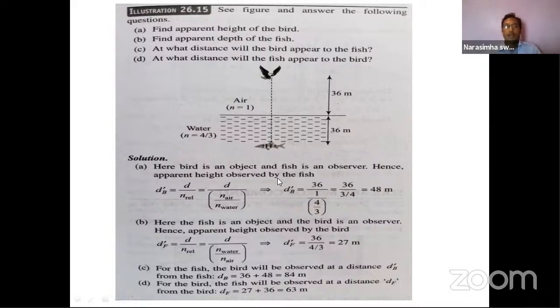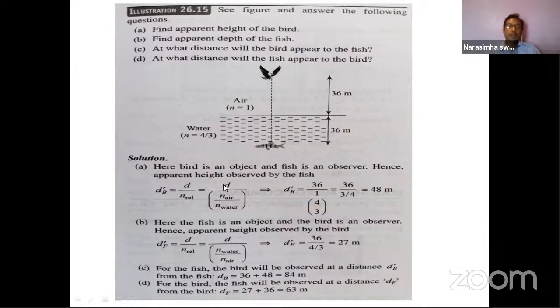Hence the apparent height observed by the fish is, see, the first condition, because the apparent height of the bird is asked. With the help of the fish, you can see the apparent height of the bird. If you see from the bottom, we can see at what height the bird is appearing. That is nothing but the apparent height of the bird. The formula is apparent height equals D divided by the relative refractive index. Relative means with respect to each other, that is air and water.